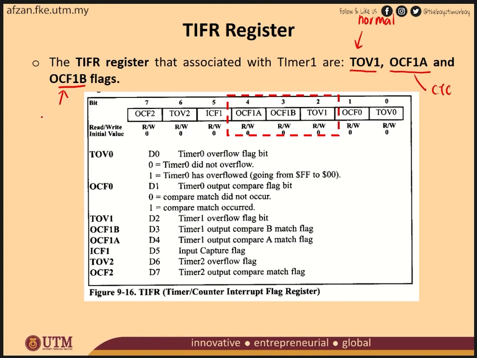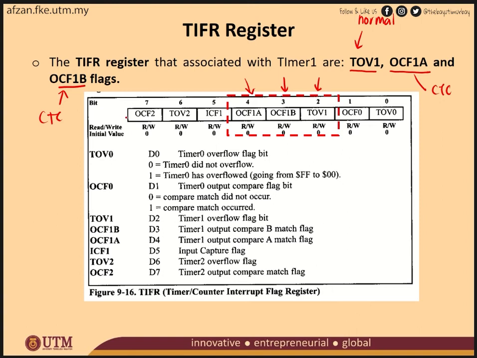You need to look at these flags in order to know the delay that you have generated. TOV1, OCF1A and OCF1B are located at bits 2, 3 and 4 in your TIFR register.